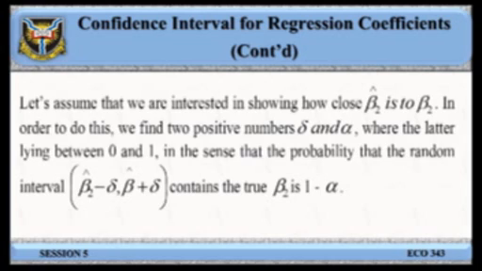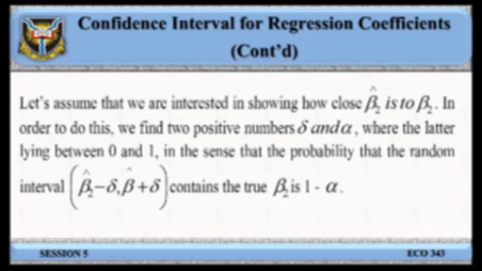In econometrics, the reliability of the point estimate depends on the standard error of the estimate. Thus, it is appropriate to construct an interval around the point estimate rather than to fully rely on the estimate.